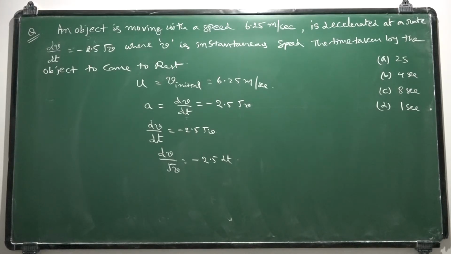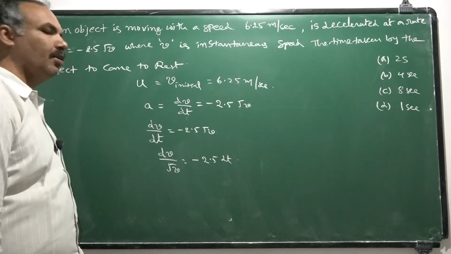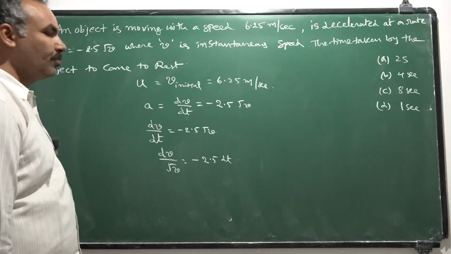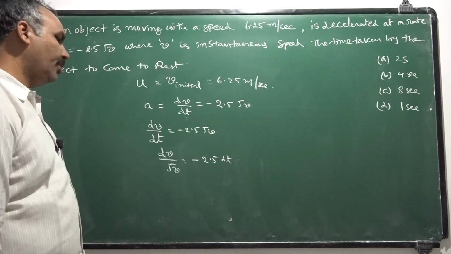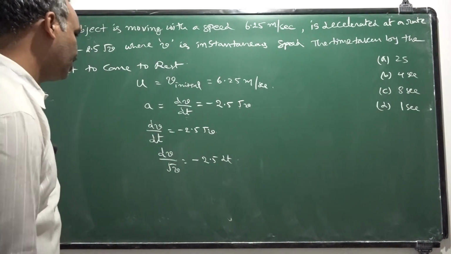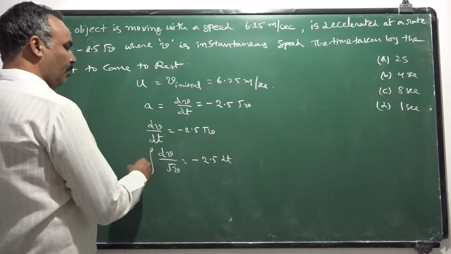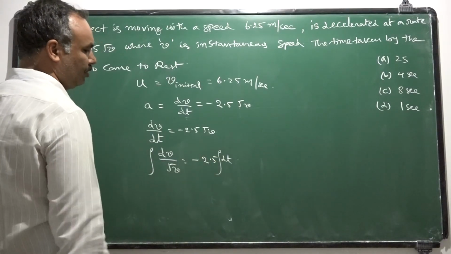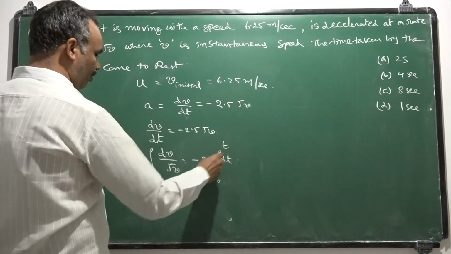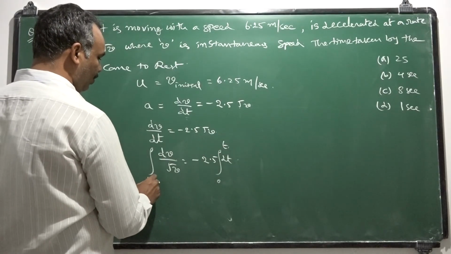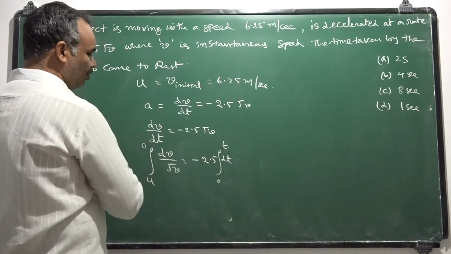In order to remove the derivative, we should do integration on both sides. Keep integral on both sides. Time varies from 0 to t. Velocity varies from initial velocity u to final velocity 0.